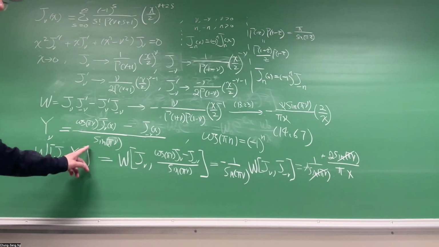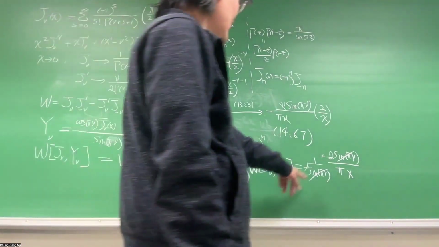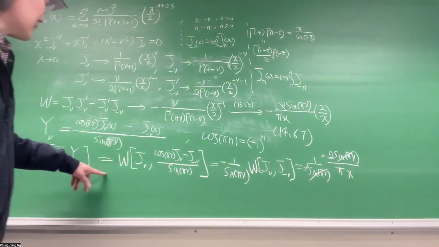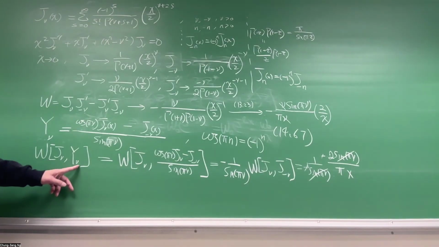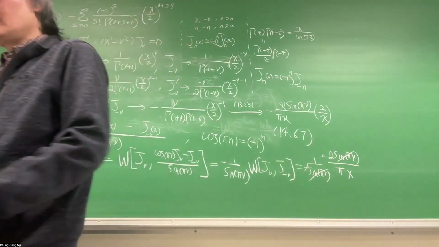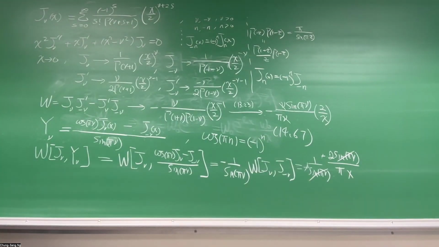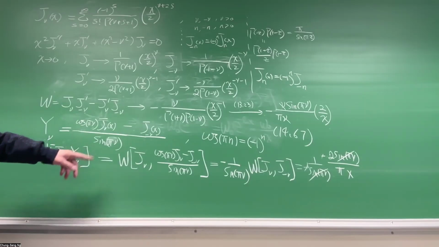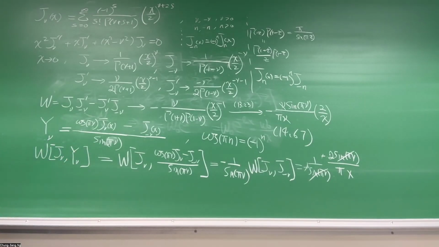And that is for all nu, because the nu actually cancels. We defined this so that the nu cancels, so we can take the limit of nu going to an integer n and still get the Wronskian like that, and so it's still linearly independent. Okay, so that gives you the suggestion why we could do that.